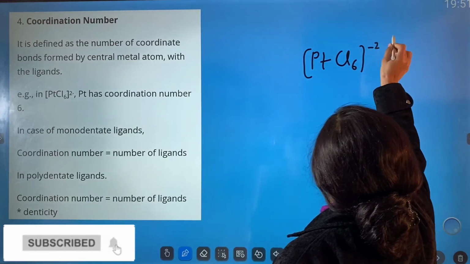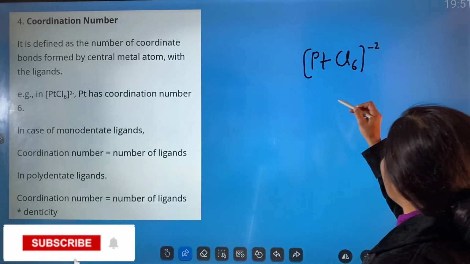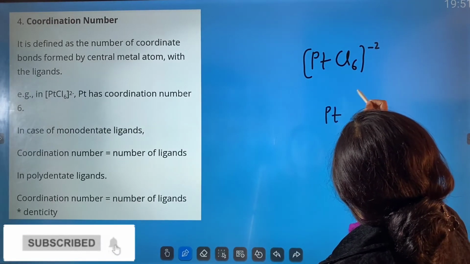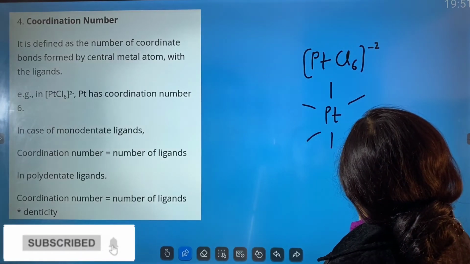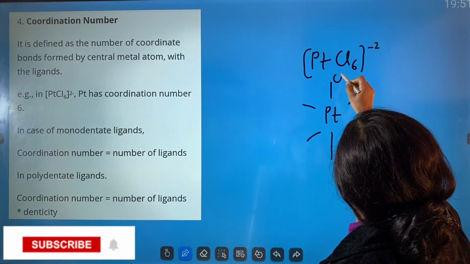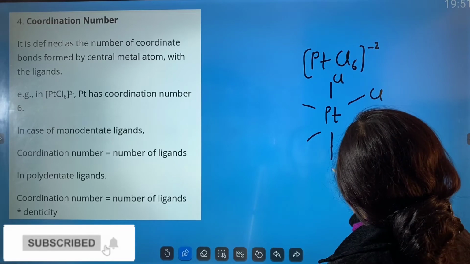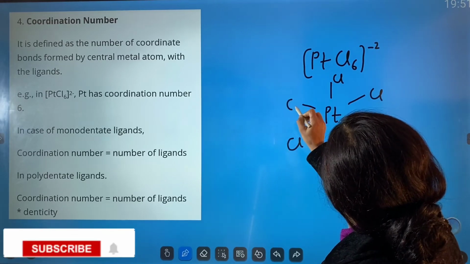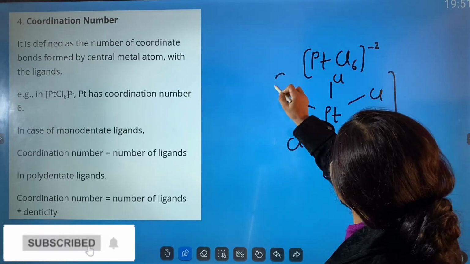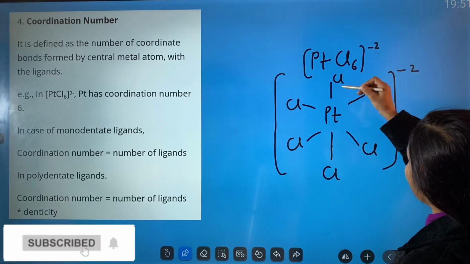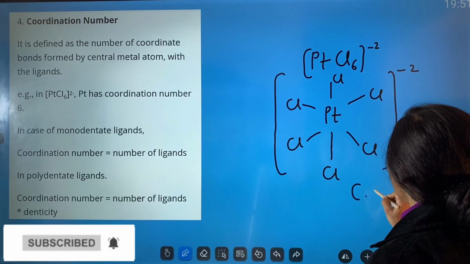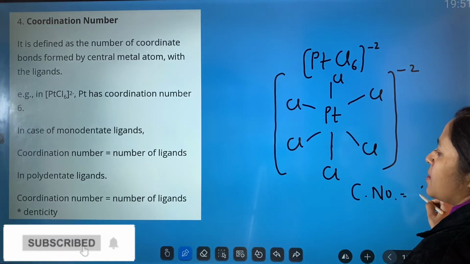Suppose this is a complex ion. Okay. As you see, platinum is linked with 6 chlorine atoms. So how many bonds is the central metal ion forming with the chlorine? That is 6. So its coordination number will be 6.